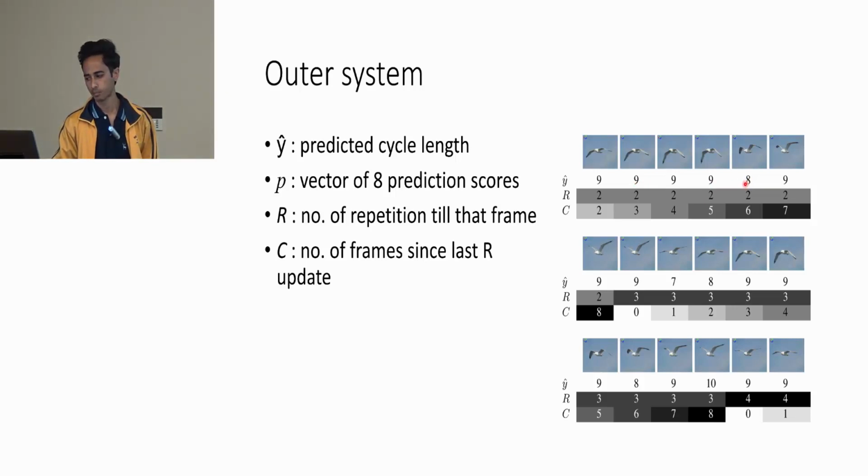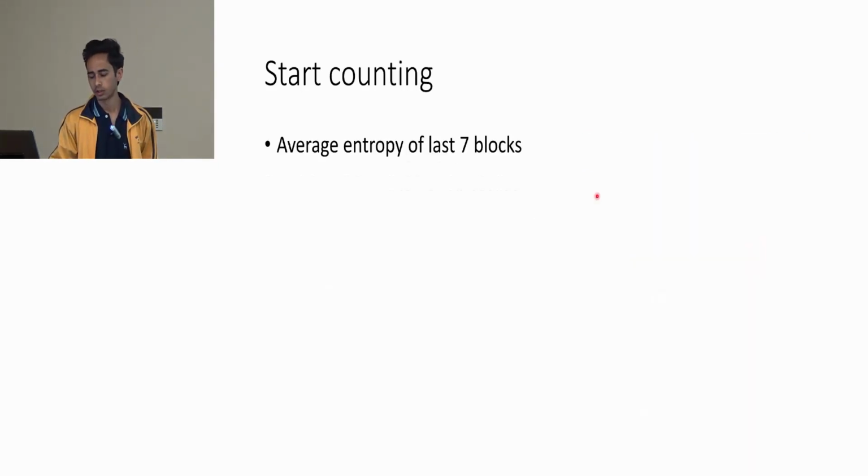Then we go through the other two things. So we'll go to how they implement the counting system on this. To detect the starting point of a repeating action, they take the average entropy of the last 7 blocks.